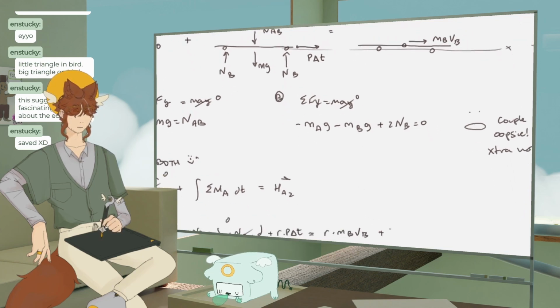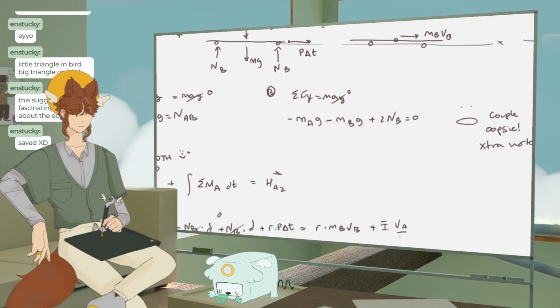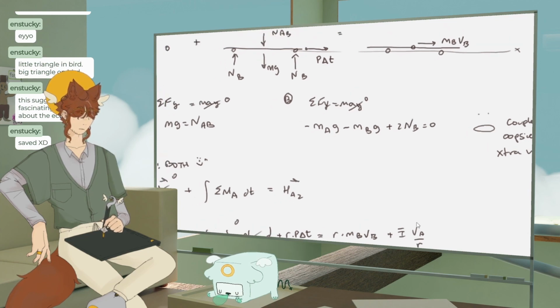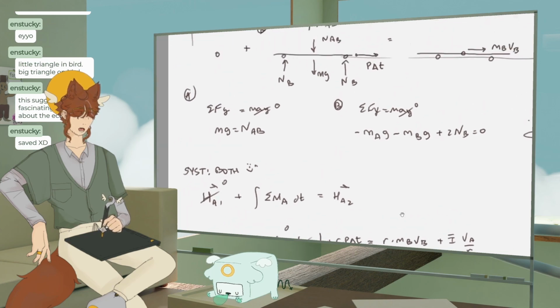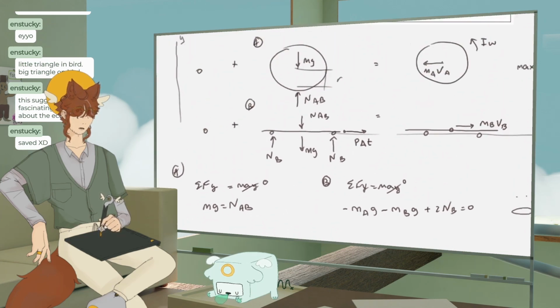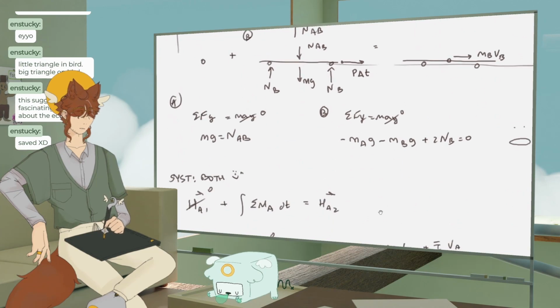Times I bar omega, v_B, v_A over R. That's a v_A. Unfortunately, we need another equation then. Grr. That's not what I wanted to see.